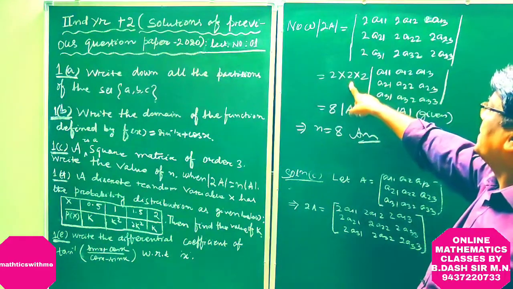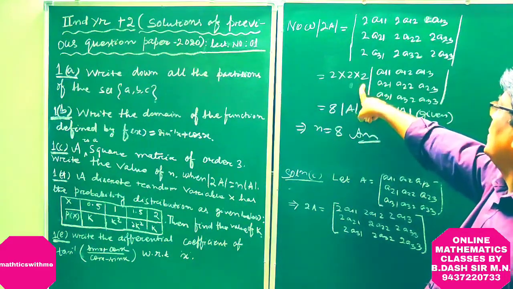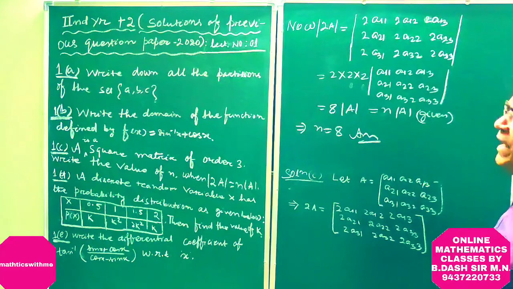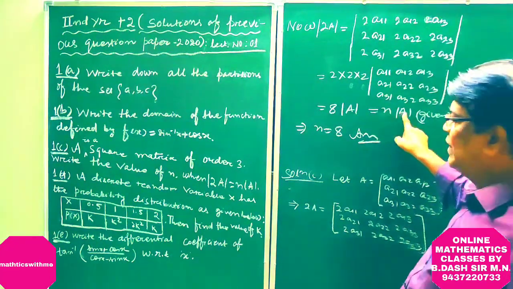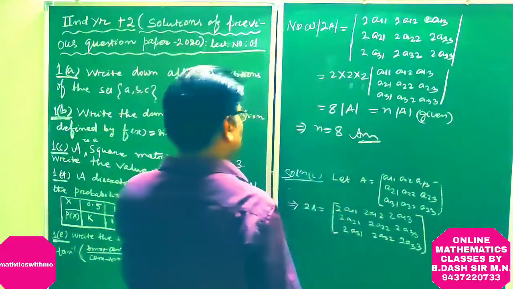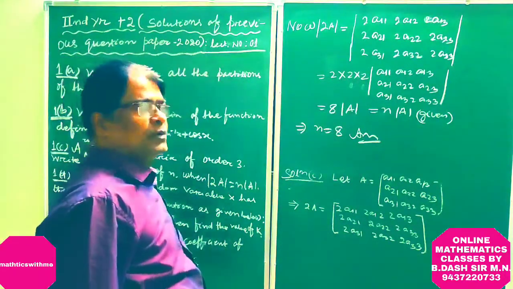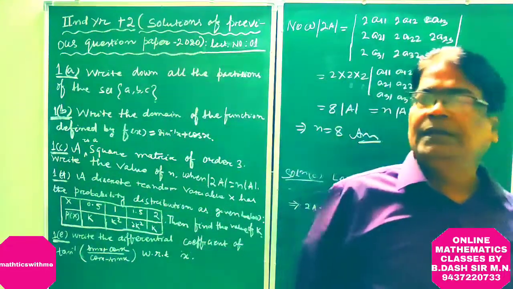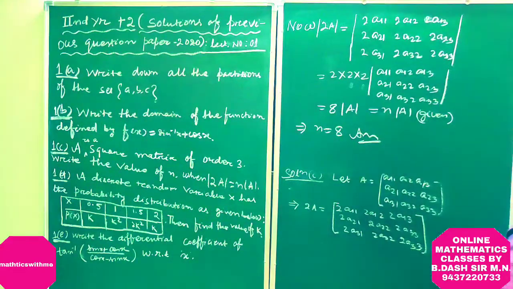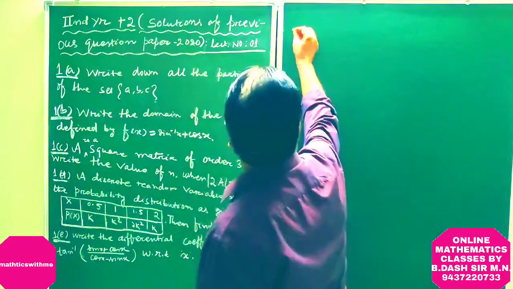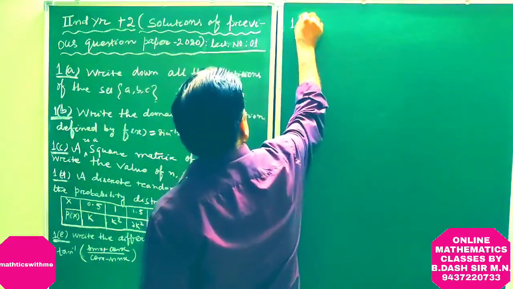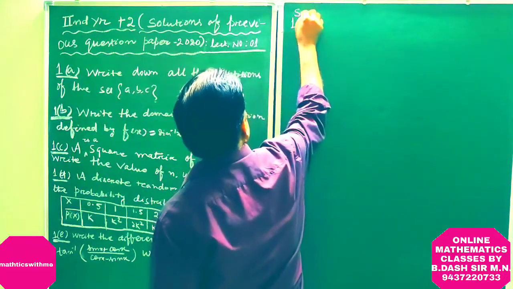Taking 2 common from the first row, second row, and third row, we can write the expression in this way, which is equal to 8 into determinant of A. Given it is equal to n into determinant of A. So therefore n is equal to 8. With this, problem number 1C is now solved. Let us proceed to solve 1D. Solution.